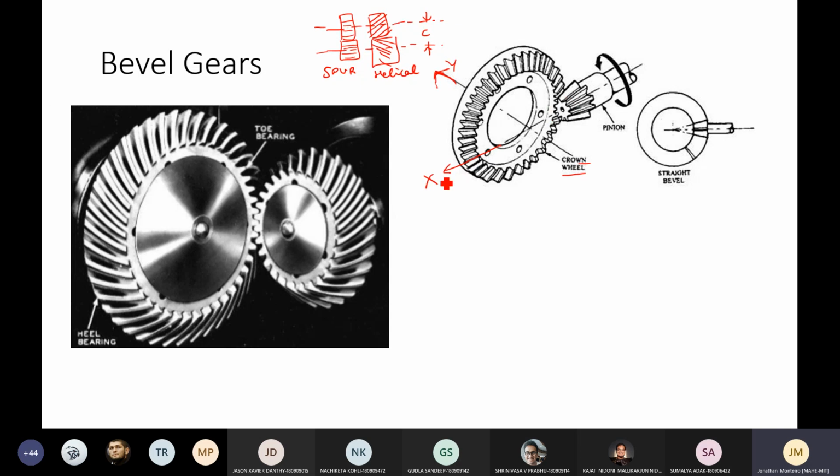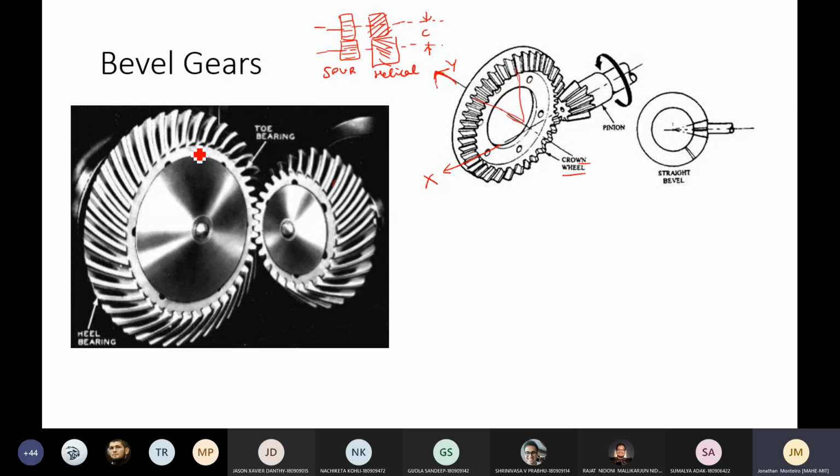So this is an actual photograph that you can see. One of the differences between each set of bevel gears is, here for example all the teeth look straight with respect to the radius. If you draw a radial line from the center outward, they match the radius.